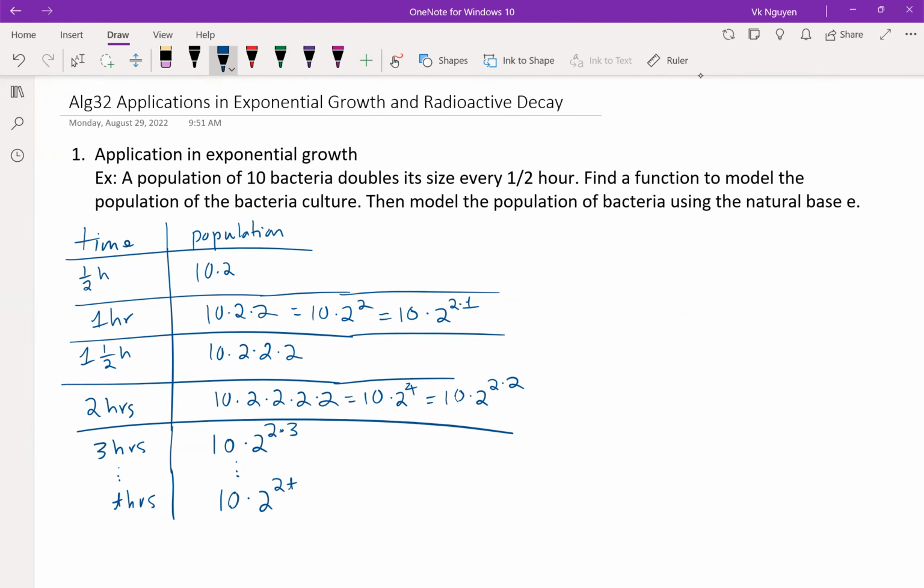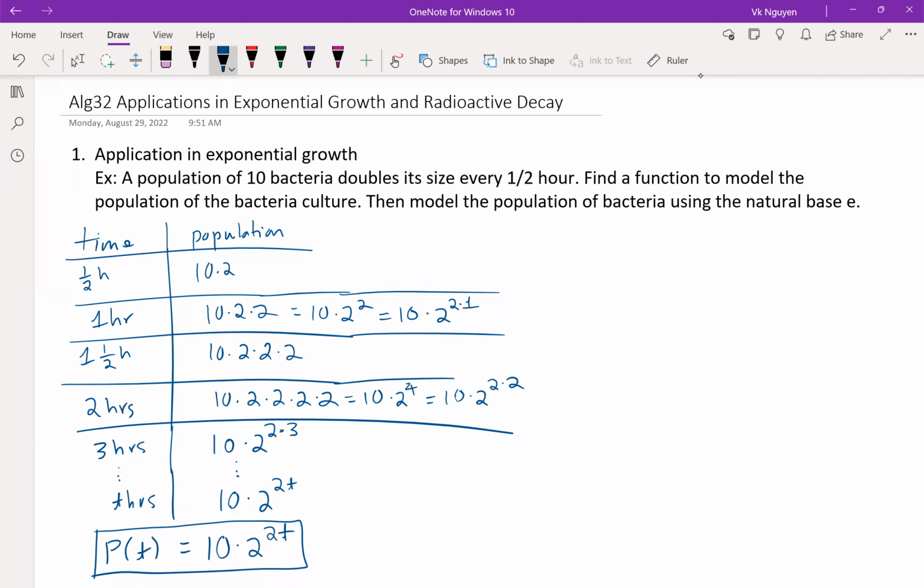So that means the formula here is the population P(t) equals 10 times 2 to the power 2t. Very cool formula.